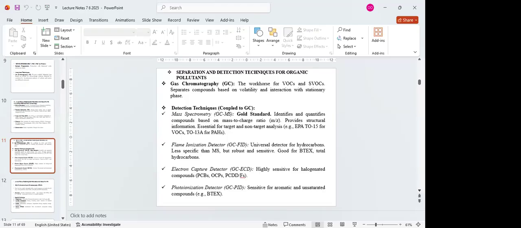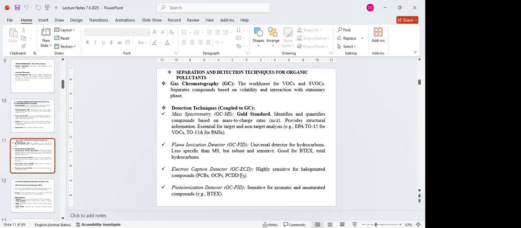The GC separates compounds based on volatility and interaction with the stationary phase. The materials that are volatile and can interact with the stationary phase, the GC will detect them in their volatile state. And that volatile state is what it sees or senses and reads out from the system.